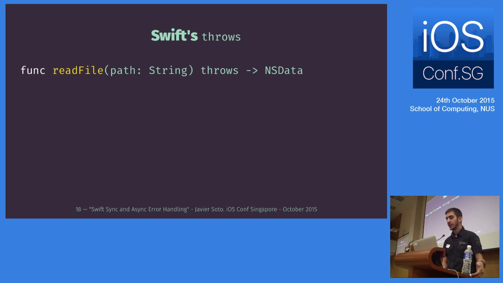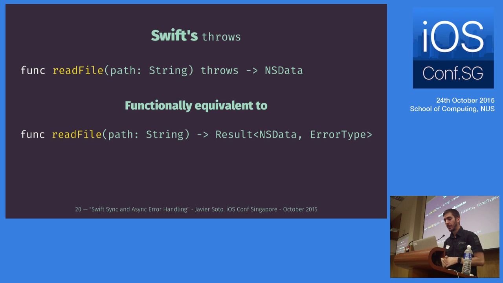This syntax allows us to say this function can either return an NSData or throw an error. And that's great because it actually solves the problem of it not returning anything and no error, or both. But this doesn't have any error information. It has the same problem as NSError-based APIs. We know that it throws errors, but we don't know which ones.